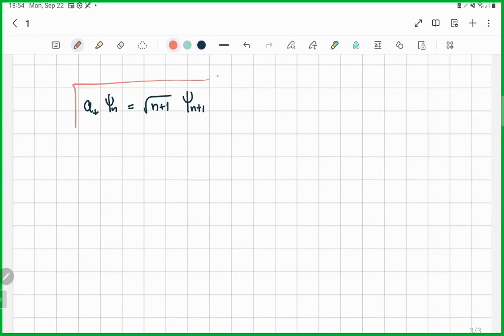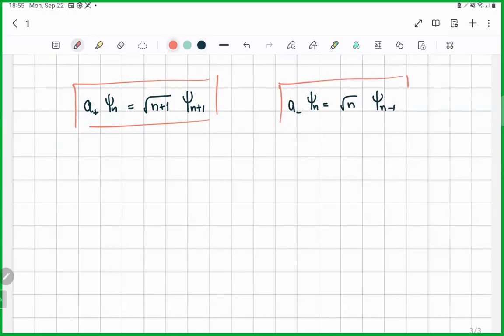Very important, very good. This makes life easier once we know this relationship, as we said. Now we get the normalization in a much easier way than solving integrals of Gaussian functions. And a₋ψ_n gives us the square root of n times this new function ψ_{n-1}.